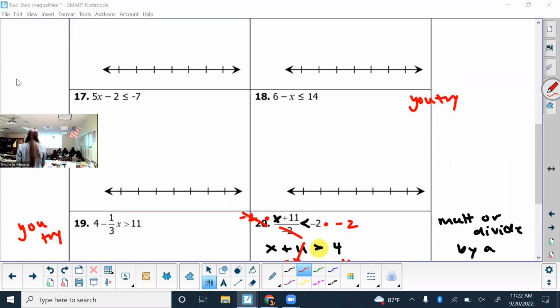So goal is to get the x by itself. What would I get rid of on the left side? The 6. How can I make that 0? 6 plus 6 is 12. So I would actually have to subtract.